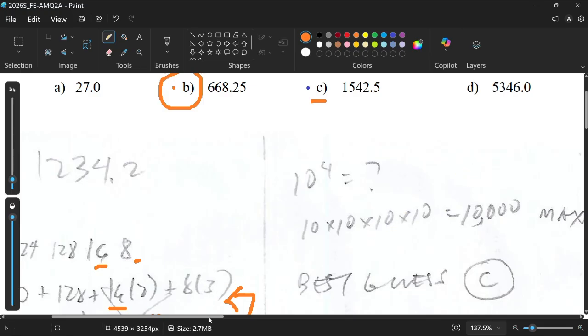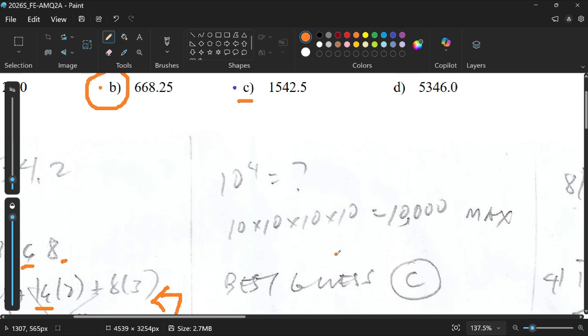And I thought that if we're going for the maximum, then we just multiply them. There are 4 digits here, excluding the decimal place first. The one after the dot, we'd get 10 times 10 times 10 times 10, which is 10,000, the maximum.